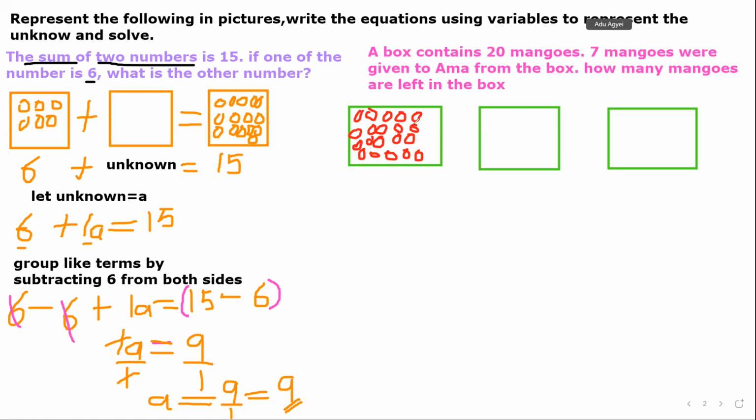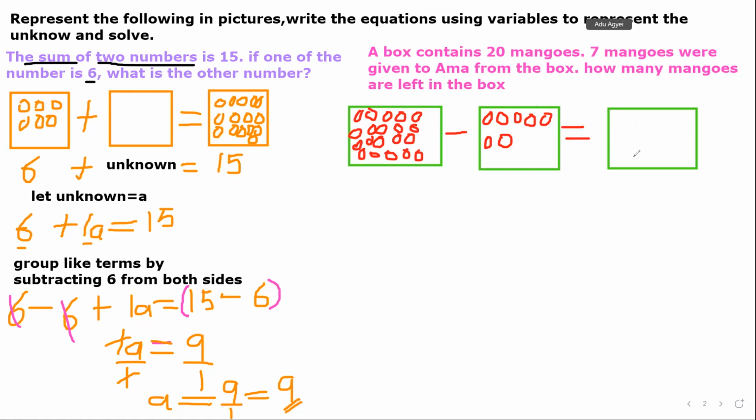I have my 20 mangoes in a box here. 7 were given. So it means we took 7 from the box. So minus of 7. 7 were given to Amma. How many mangoes are left in the box?